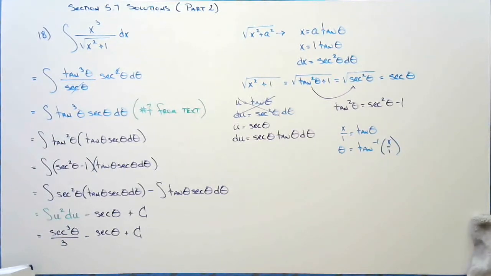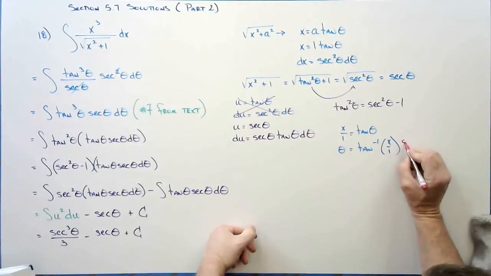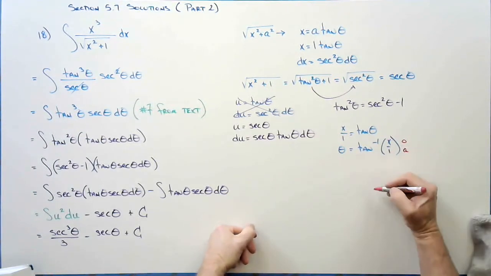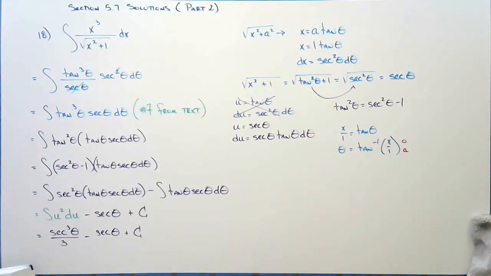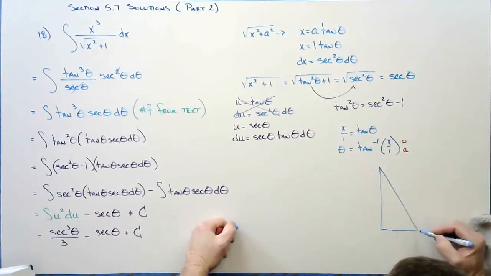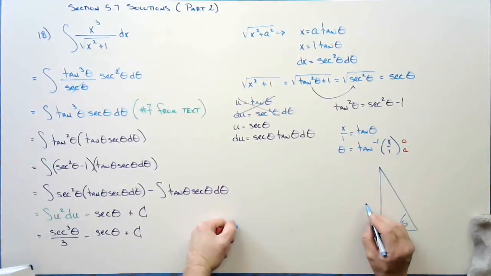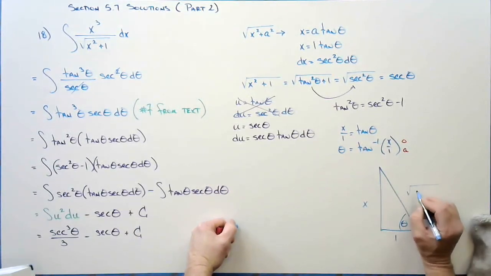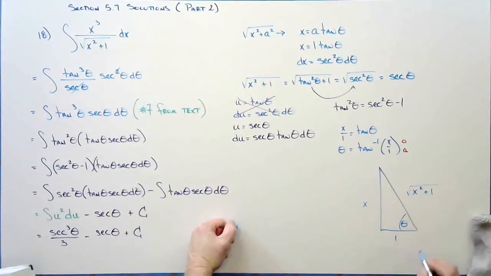And then we remember that tangent is opposite over adjacent. That gets us our triangle, right? We pick any angle we want for theta. So x is going to be the opposite side. The adjacent side is going to be 1, which means the hypotenuse is going to be the square root of x squared plus 1.